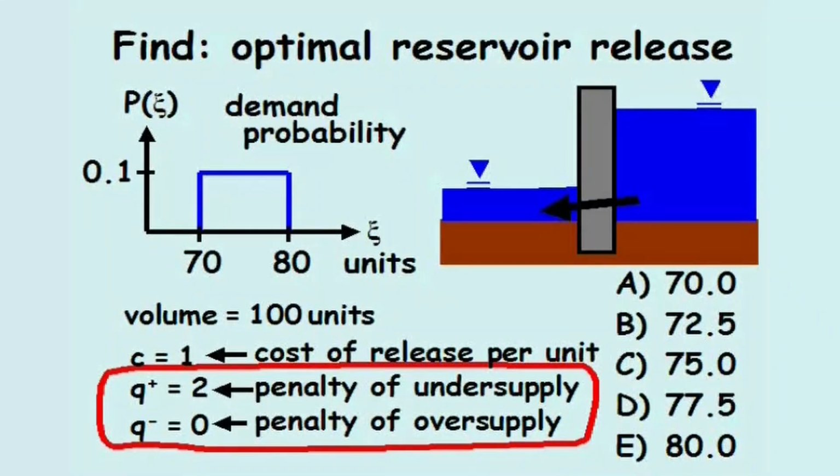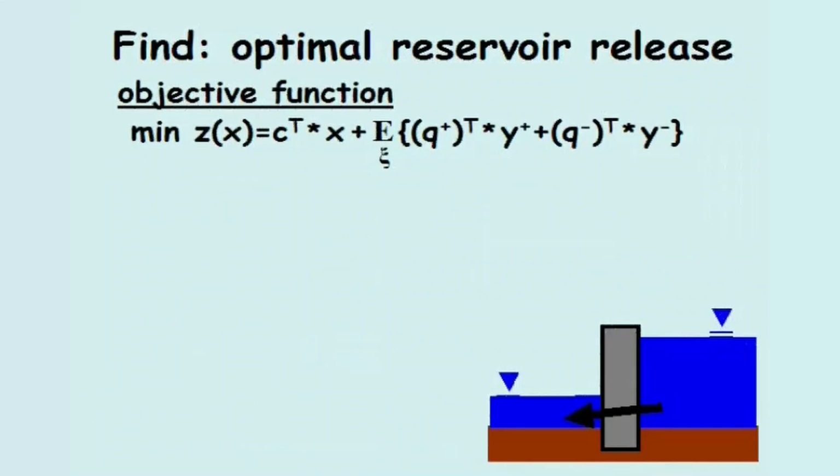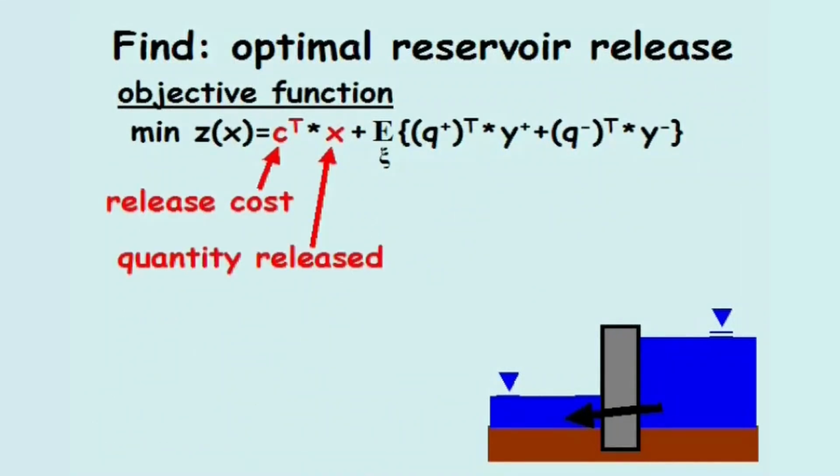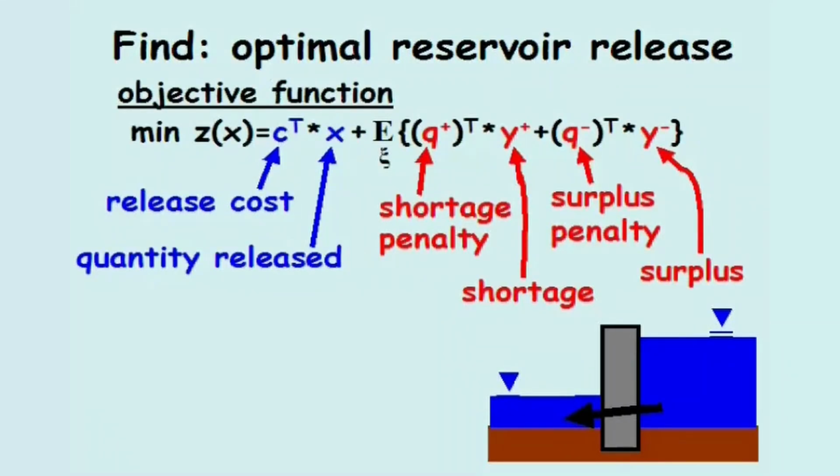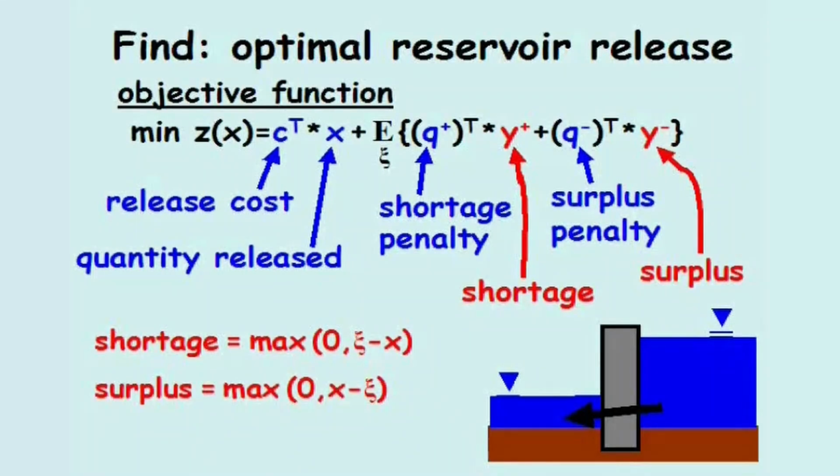The objective function for this stochastic programming problem is to minimize the sum of the quantity of water released from the reservoir and the sum of the penalties for not releasing exactly the target demand, where the shortage equals the maximum of 0 and the demand minus the release, and the surplus equals the maximum of 0 and the release minus the demand.